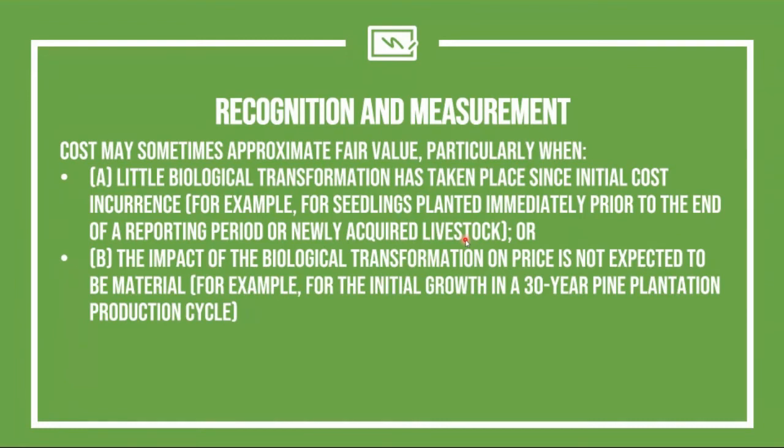So this simply means that if the period needed for the biological asset to mature is significant, it may mean that in this particular period, a 1-year growth may not mean a significant increase in value. So this usually happens to biological assets, particularly trees, that will need a significant number of years before you can harvest them.